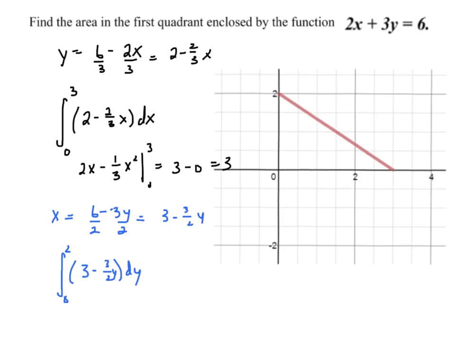So the antiderivative would be 3y minus 3/4 y squared. Evaluate at 2 and 0. If I plugged in 2, I would get 3. If I plugged in 0, I would get 0. So again, you can see the answer is obviously going to be the same.